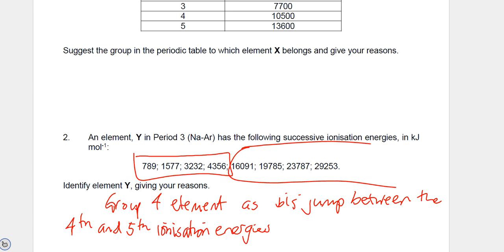This is what the examiners are looking for, being clear about which group it's in, as we've got a big jump and saying where the big jump is. So 4 electrons in outer shell.